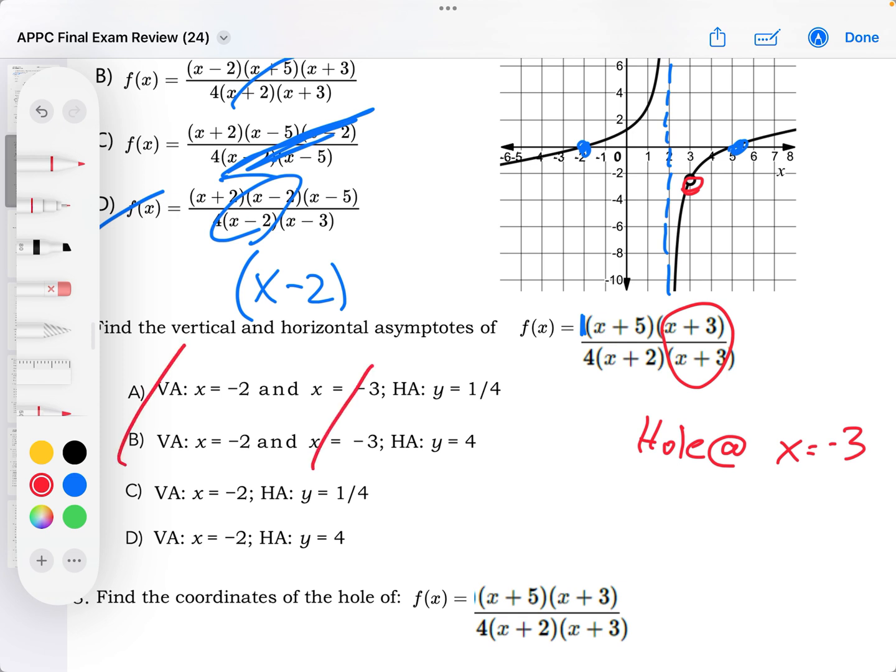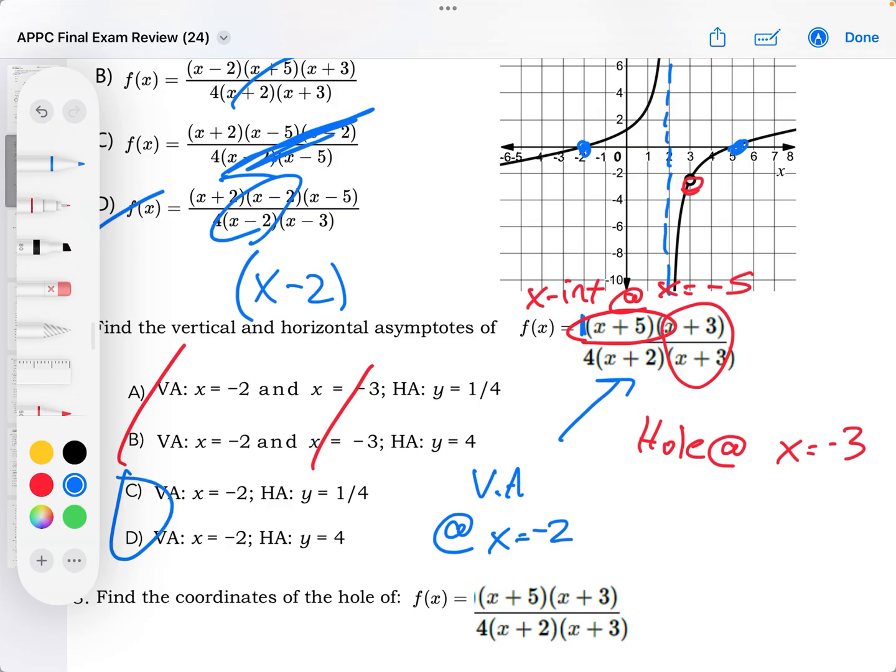I would also, as I said, have an x-intercept, even though it's not asked, I want to remind us of this, at x equals -5, because I have that numerator value. I will have a vertical asymptote at x equals -2, still keeping C and D in play here.